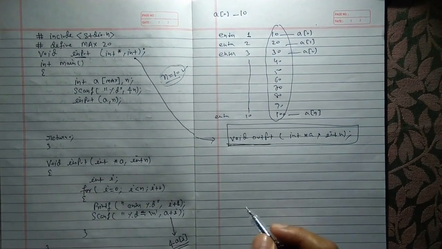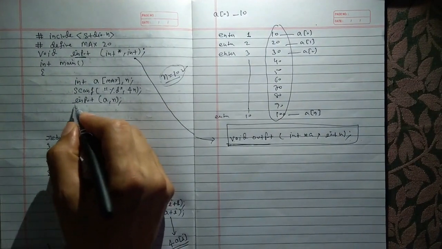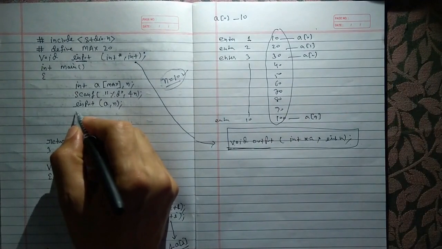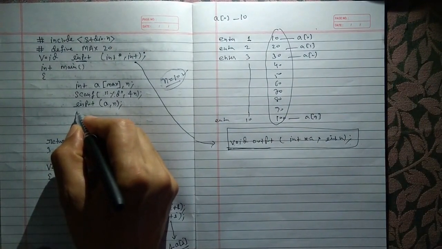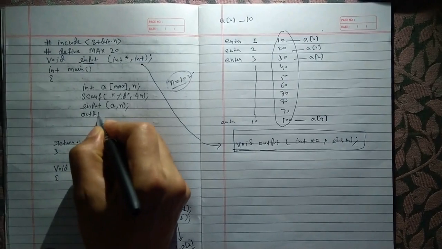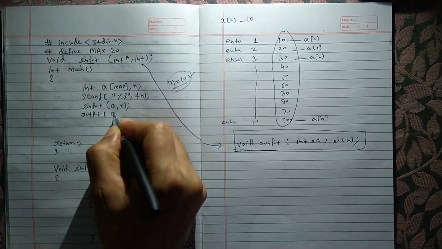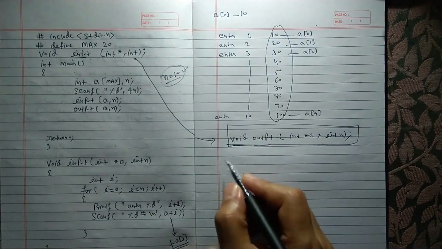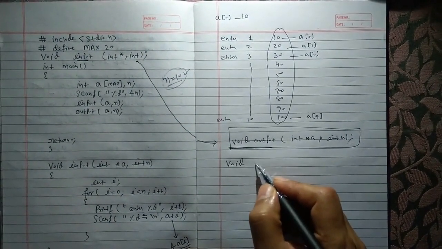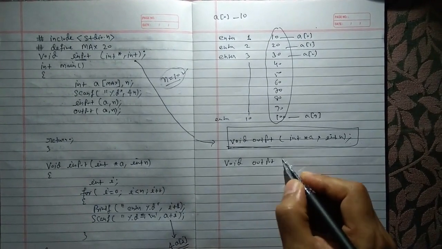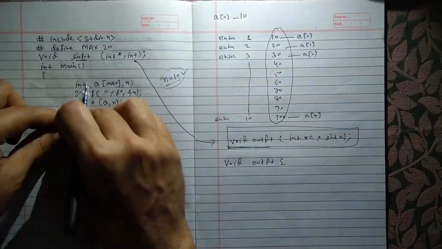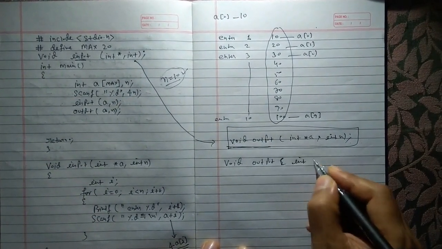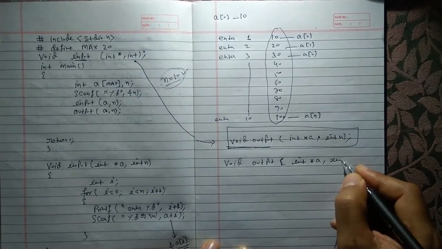Okay, for output. Now we have called the input function, then we input the 10 values, then again I am calling another function, and its name is output. Then we are sending two values, a and n. So now the program will come here, to the body of the function output. You can write the same thing here: int asterisk a, int n.